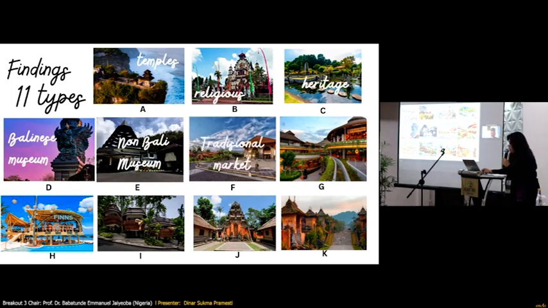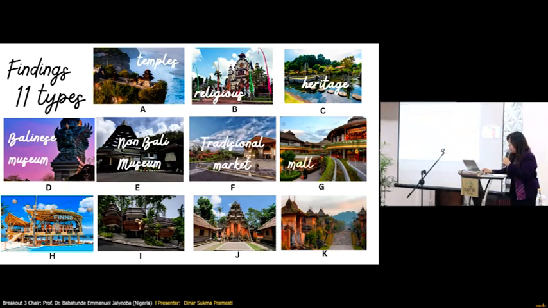The next type is traditional market, like Badung Market and Ubud Market, and the next type is the mall, like Beachwalk, Lippo Mall, and Discovery Mall, which use modern style. The next type is beach club or day club, like Finns, Safaya, Del Mar, and many more.